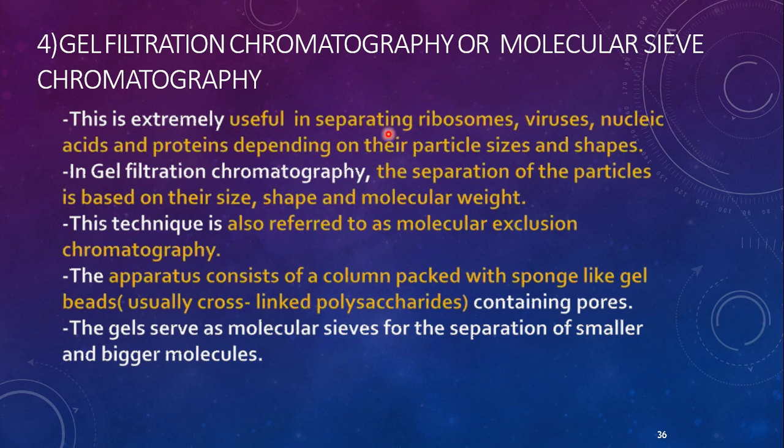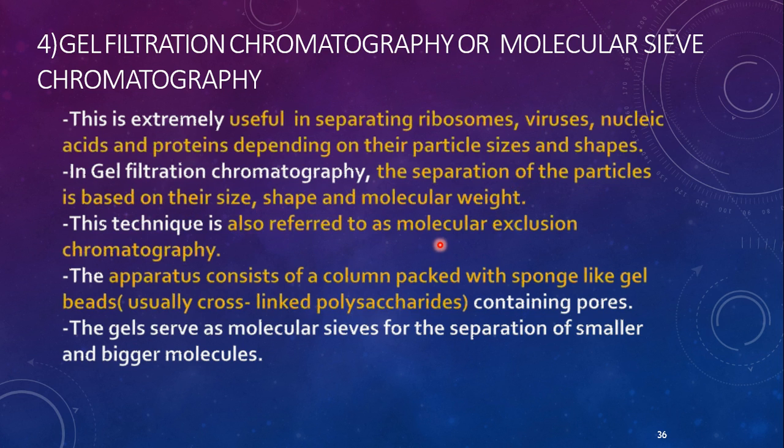It is extremely useful in separating ribosomes, viruses, nucleic acids, proteins depending on their particle size and shape. See here, particle size and shape matter. Particle size is large or small, and what is the shape of this particle. So actually here macromolecules or macroparticles could be separated. In gel filtration chromatography, the separation of the particles is based on their size, shape and molecular weight, as I said earlier.